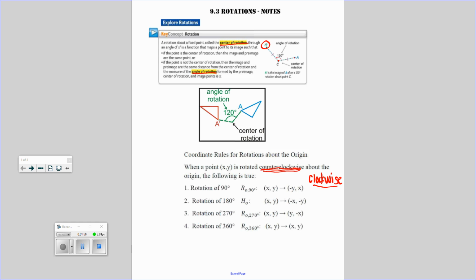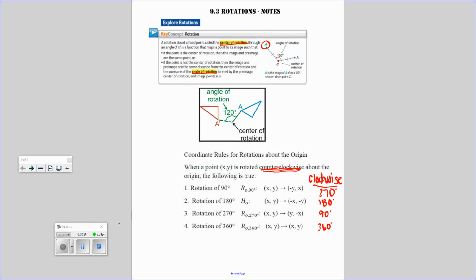So a 90-degree rotation counterclockwise is 270 degrees clockwise. 180 degrees counterclockwise is equivalent to 180 degrees clockwise. 270 degrees counterclockwise is going to match up with 90 degrees clockwise, and 360 is going to match up with 360. So that's something to notice first.